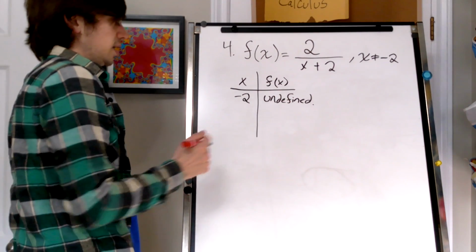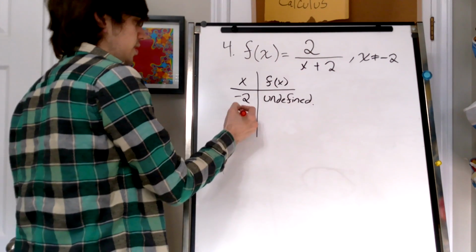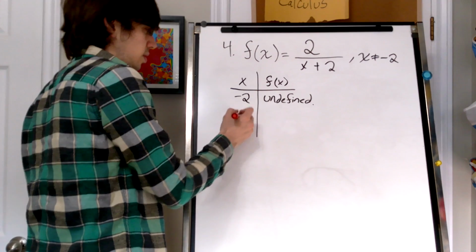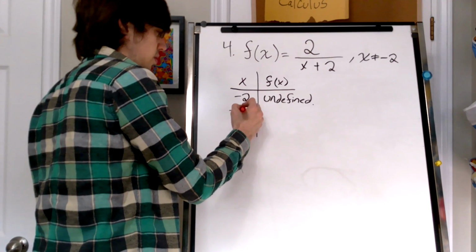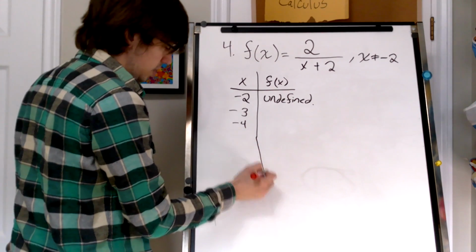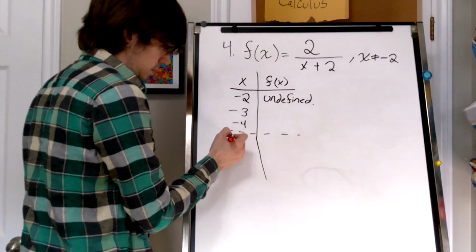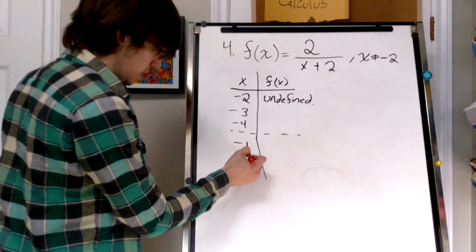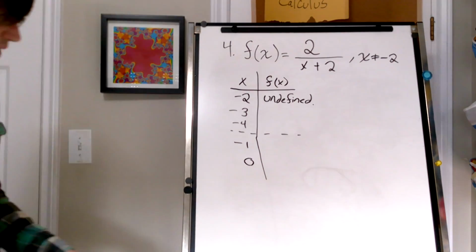What happens when it is more negative than that, though? Let's go -3, let's do a -4, and then let's go less negative, -1, and 0. See what we get.